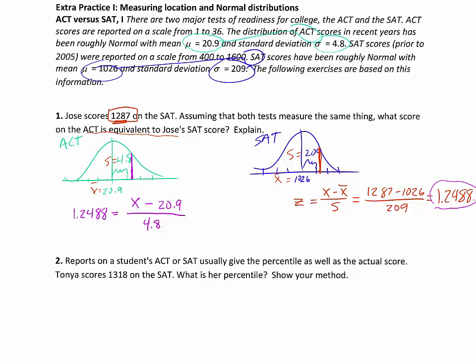So if we're trying to solve for X, I need to get rid of the dividing by 4.8. So I times by 4.8, those cross off. Times by 4.8. So 4.8 times the 1.2488, that is going to be 5.9942.